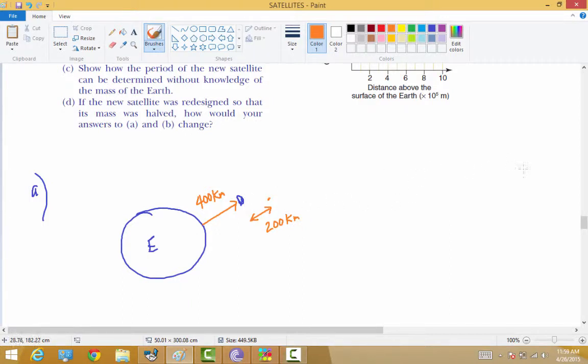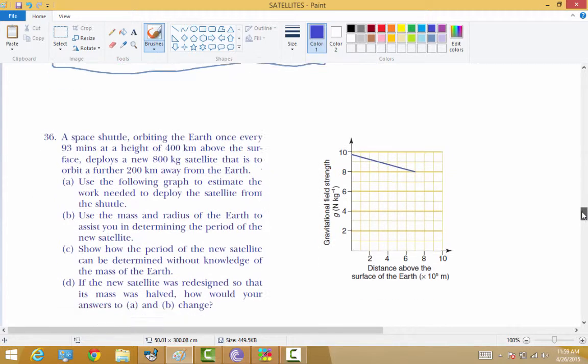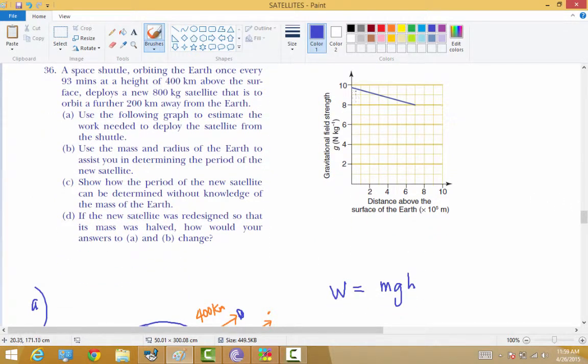Right, so the work done in this case is going to be equal to the potential energy needed to get it up to that height. So we have a mass of 800, we know the mass of the satellite. The G, we need to calculate the G, or read the G off from this graph.